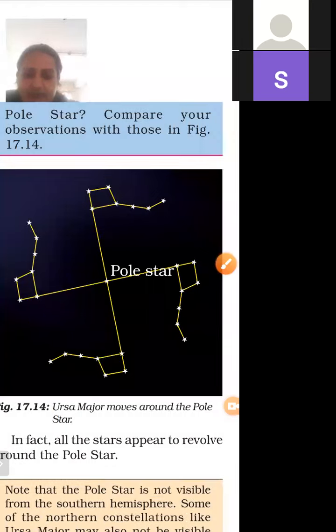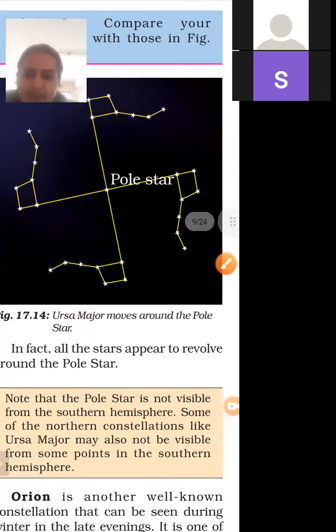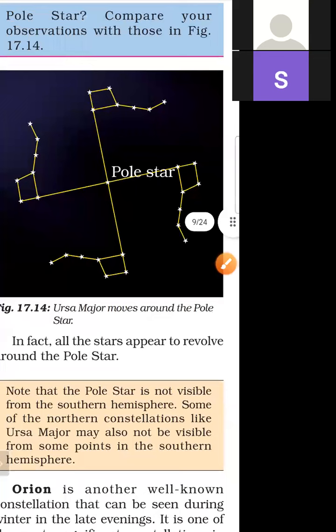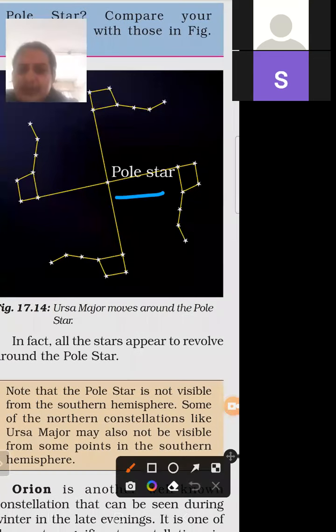Note that the pole star is not visible in the southern hemisphere. It is visible in the northern hemisphere. Some of the northern constellations like Ursa Major may not be visible from some points in the northern hemisphere.